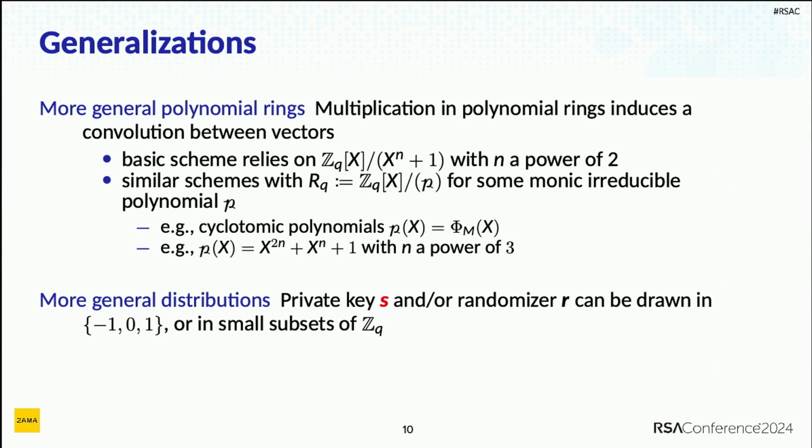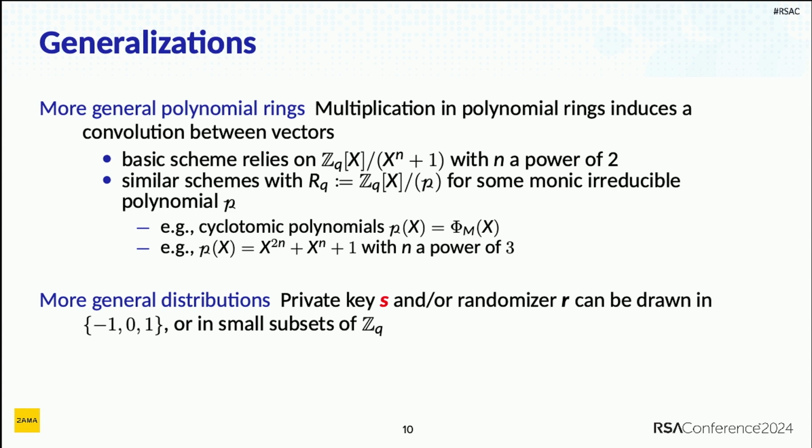If you use automorphism, then you can take more general distributions for the private key S. But for the randomizer R, that one has to be taken from a small subset, such as a binary string, as I showed you, or a vector with values between -1, 0, and 1.